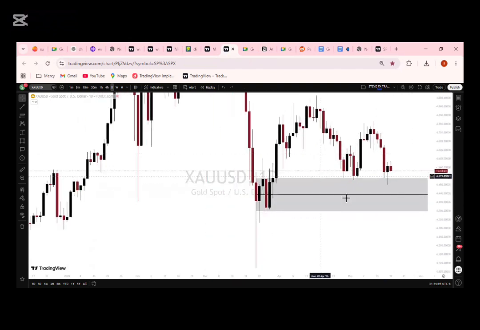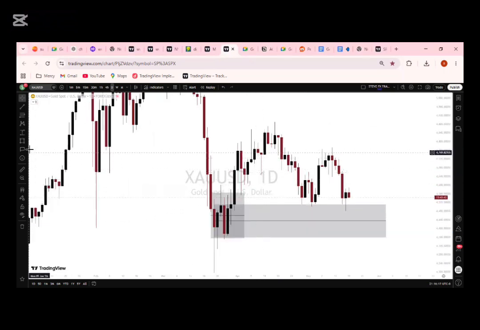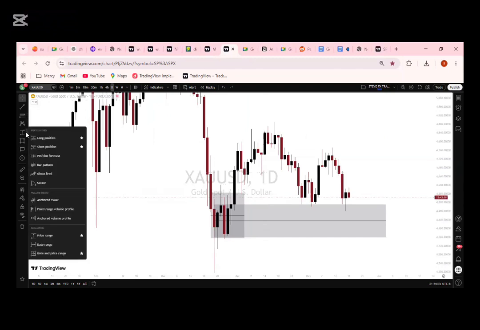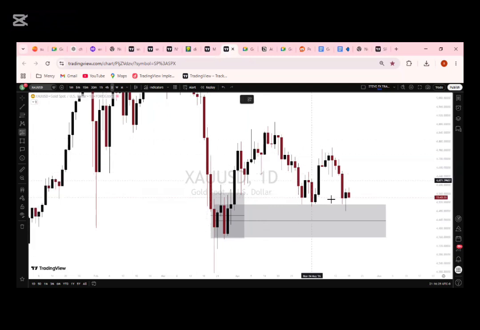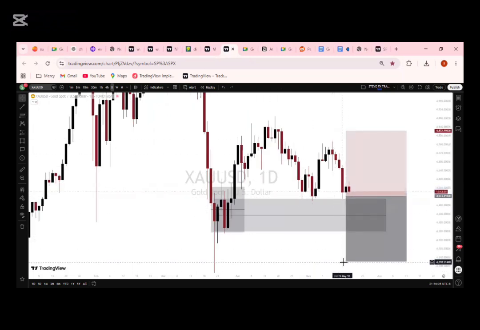Using this whole zone as your order block makes this trade come with a very big stop loss.